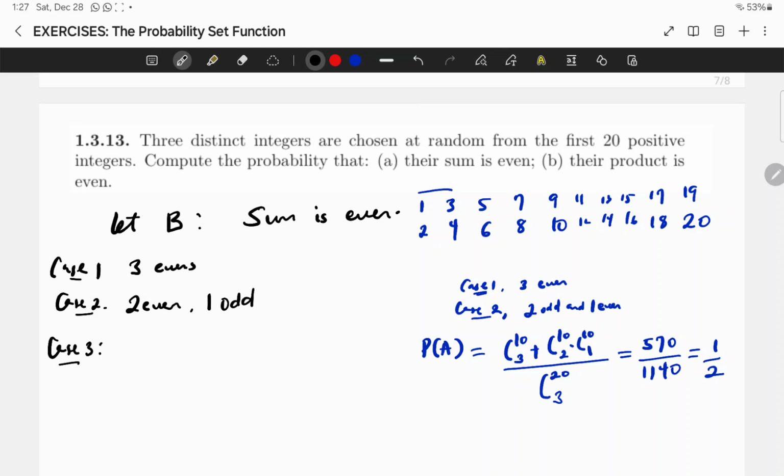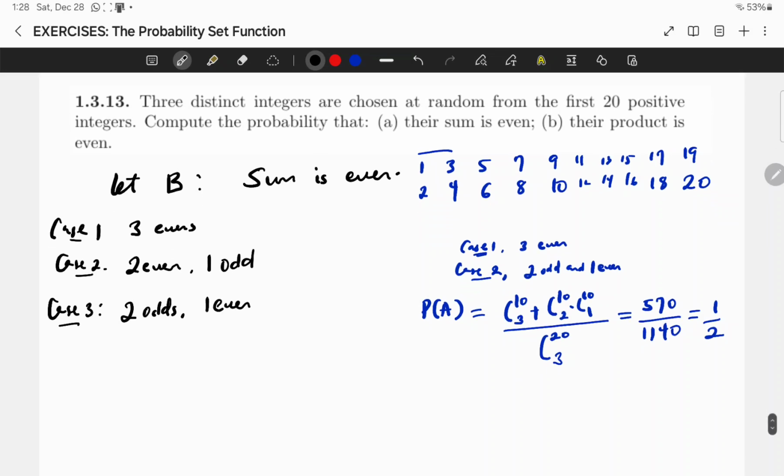Let's check if we pick all 3 odd. 1 times 3, 3 times 5, 15. So if we pick all odd, the product also will be odd, so that doesn't work. But if we pick 2 odd and 1 even, what about that? 1 times 3, 3 times 2, 6. That works fine. So we have 2 odds and 1 even. So we have 3 cases.